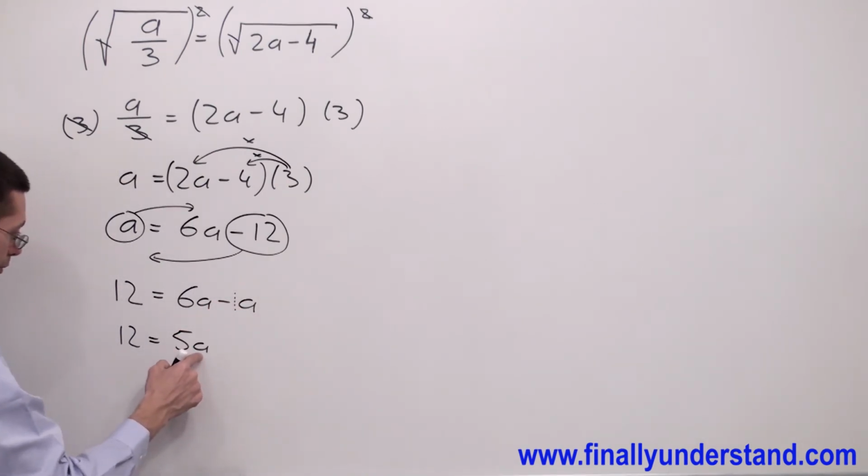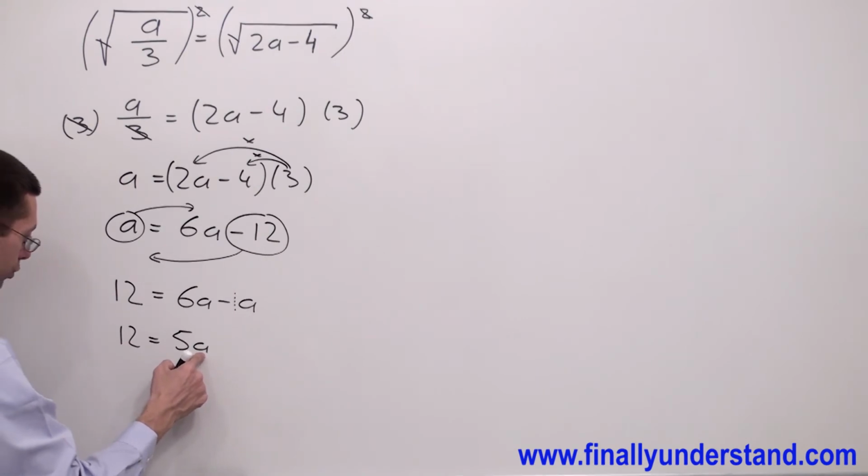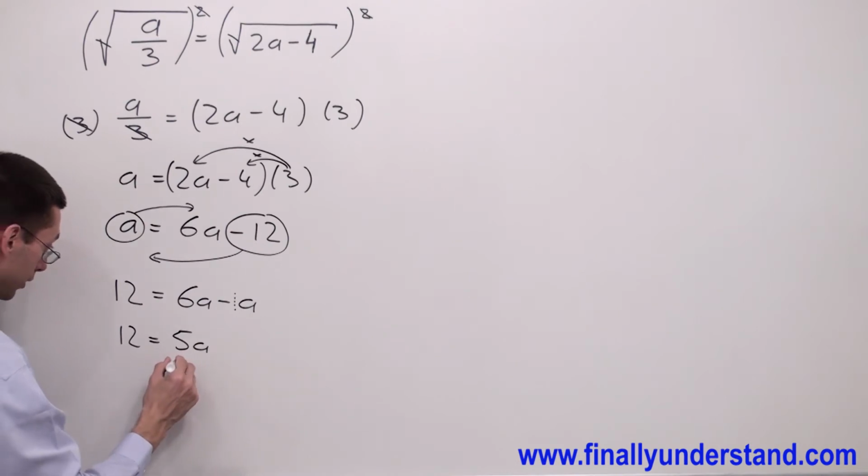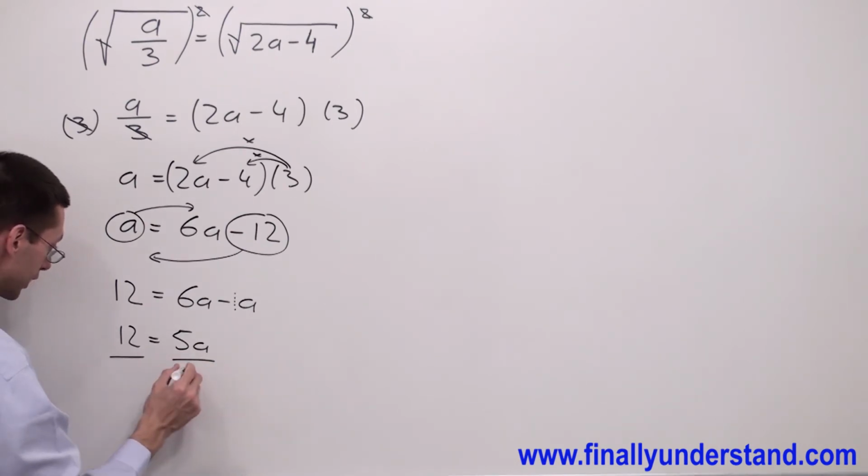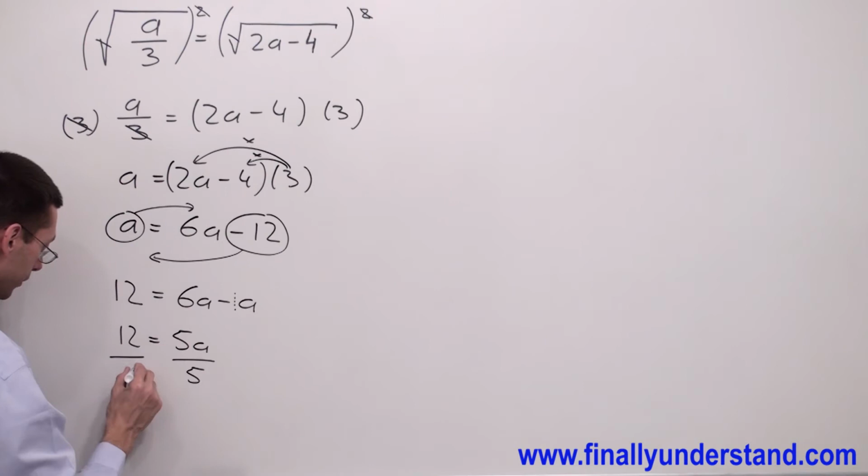Next, remember, we have to find a. In order to find a, we have to eliminate the multiplication. Okay, 5 is multiplied to a. I will have to remove 5 by dividing both sides of the equation by 5.